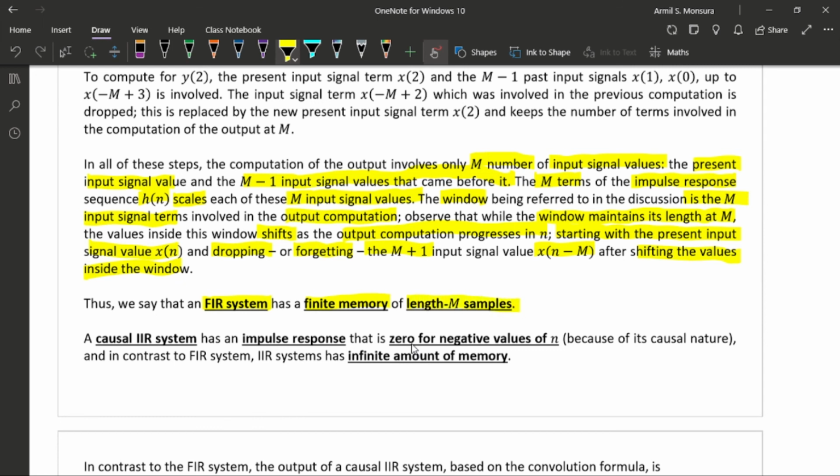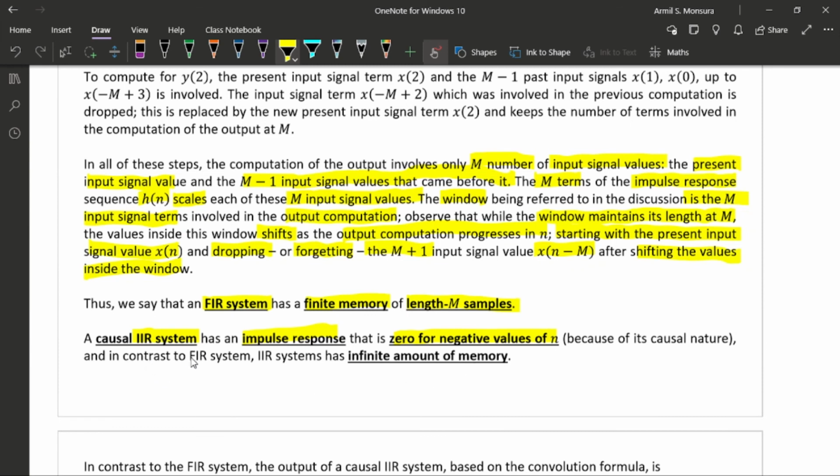Now, a causal IIR system, again, IIR stands for infinite impulse response, infinite duration impulse response, has an impulse response that is 0 for negative values of n because it is causal.